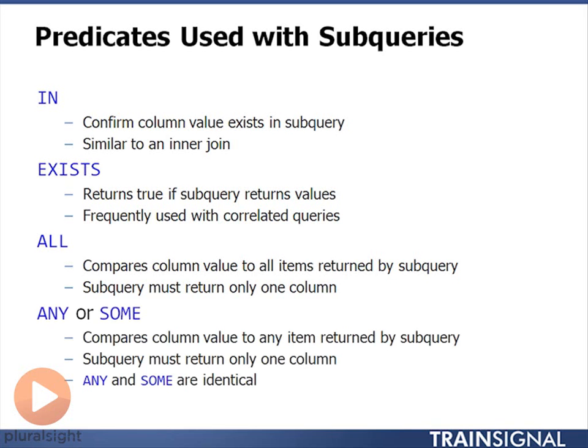Now, if I just want to see if it matched at least one of the items that was returned, greater than, less than, or otherwise, then I can utilize SOME or ANY. What that's going to do is see whether or not we match against any of the items being returned. ANY and SOME are identical.